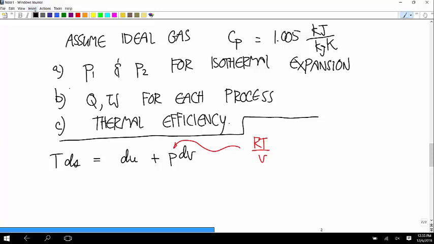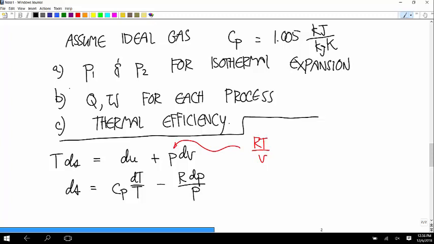So tell me that one again. Cp dT over T, over P. Okay, not from this one.